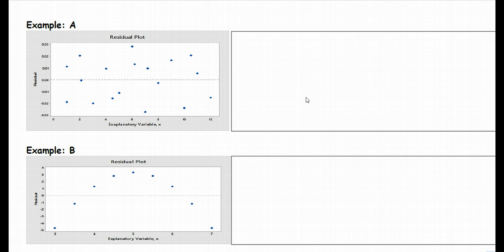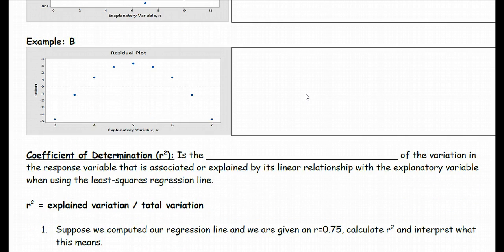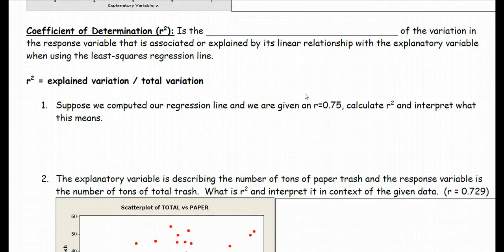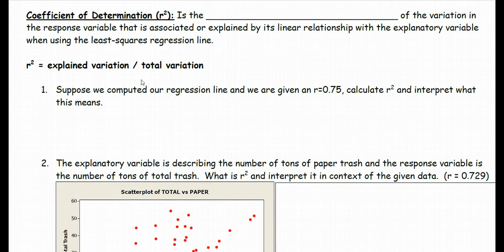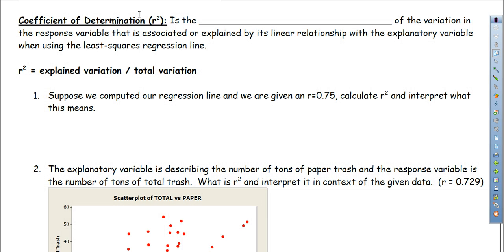Okay, let's continue on. We're going to look at the coefficient of determination next. We already looked at the R value, right? The correlation coefficient. Well, if we square that value, that gives us the coefficient of determination.